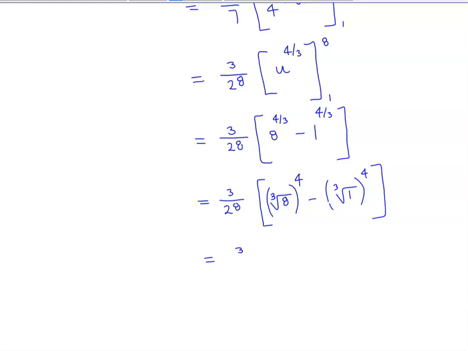So again, this is 3 over 28. That's the cube root of 8, which is 2, to the 4th power, minus the cube root of 1 to the 4th power. 2 to the 4th power is 16, minus 1 to the 4th power, which is 1.